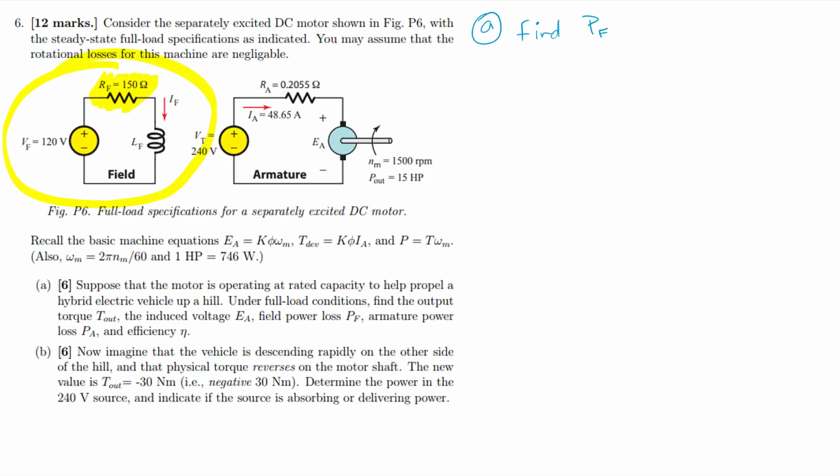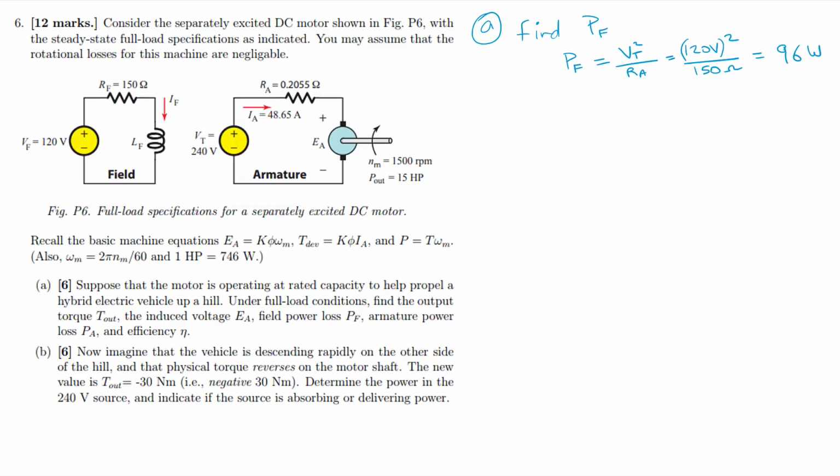So then, what do we know? We know the resistor value, okay, which is 150 ohms, and we know the voltage applied to it. We also know that in steady state, there is 0 voltage across this inductor, okay? So that inductor voltage is going to be 0 volts. So all of the 120 volts is going to be dropped across that resistor.